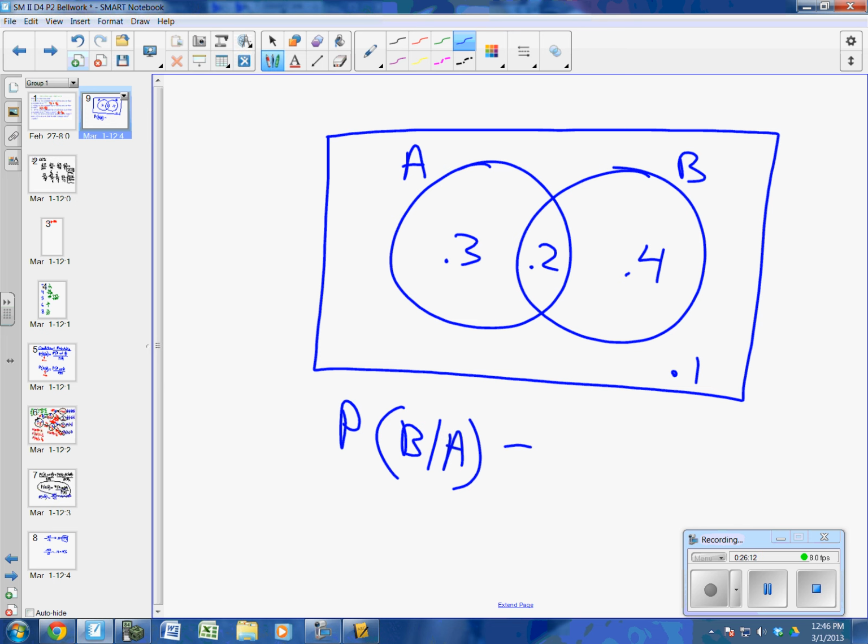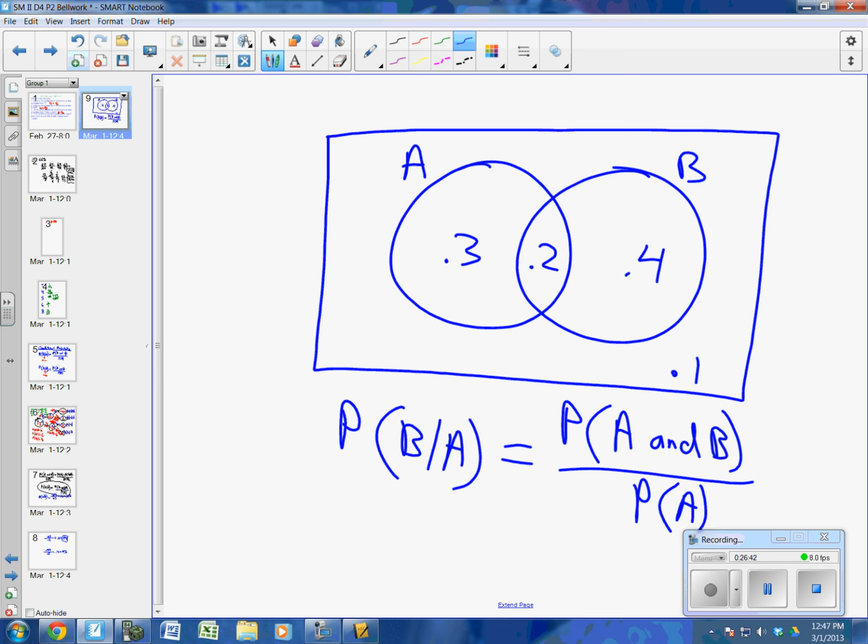I'm going to do the probability of A and B divided by, because the probability of what? Probability of A, right? Because A already happened. This is my total possible solutions, and this is some of the numbers that can happen in there. So what is P of A, you guys?